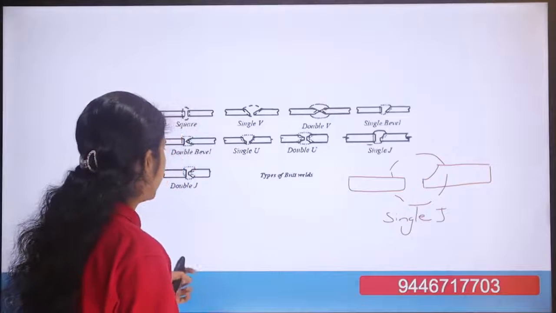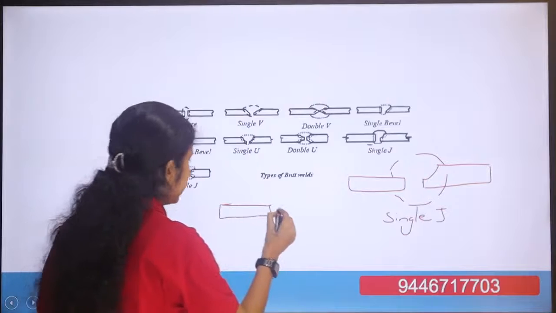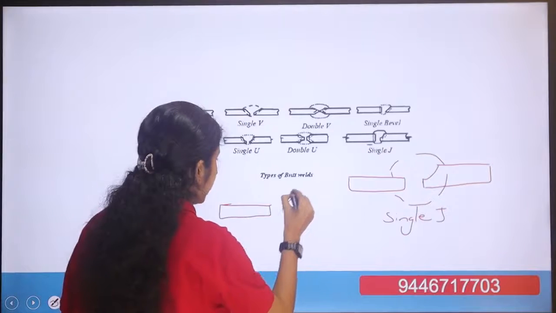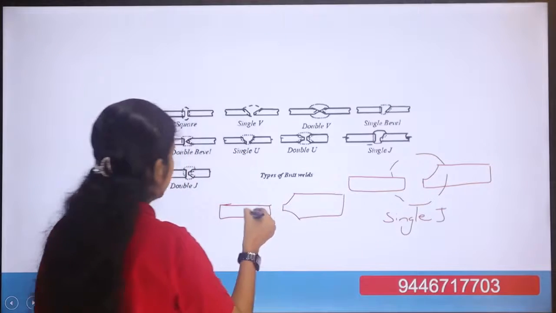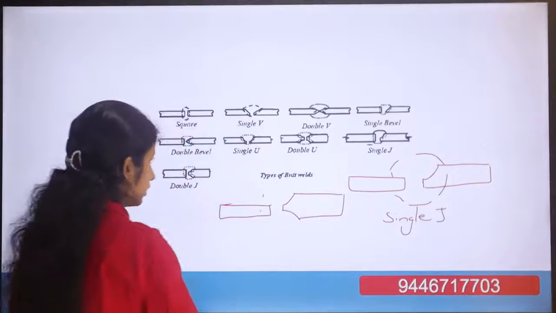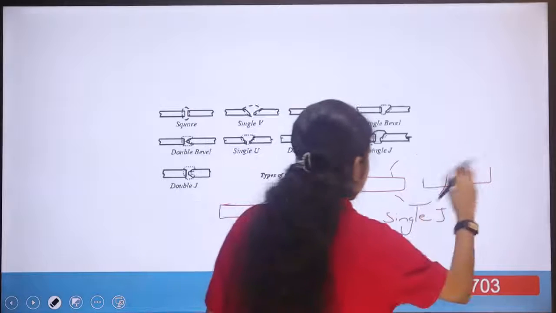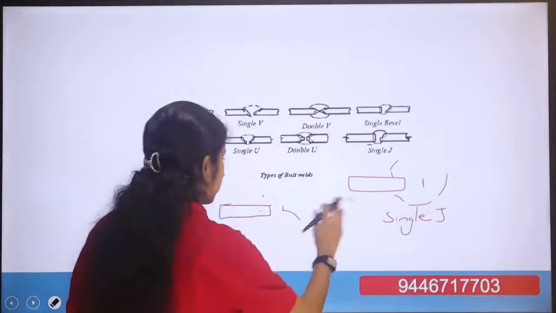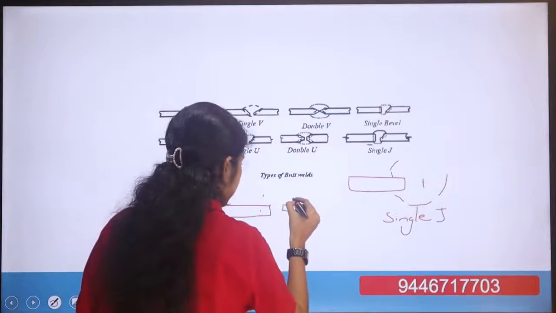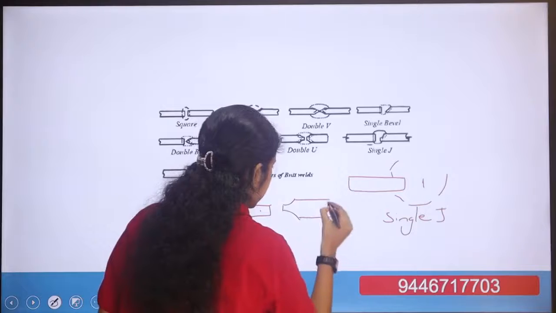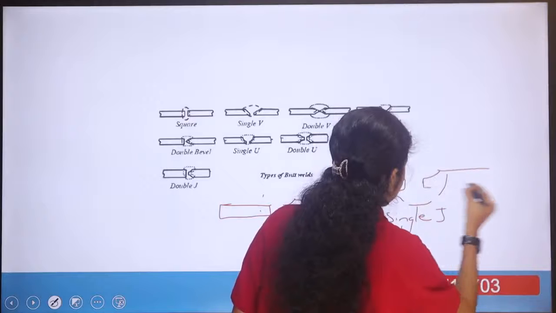And double J is when one plate is in square shape and the other plate is in J shape, and welding is provided between them.